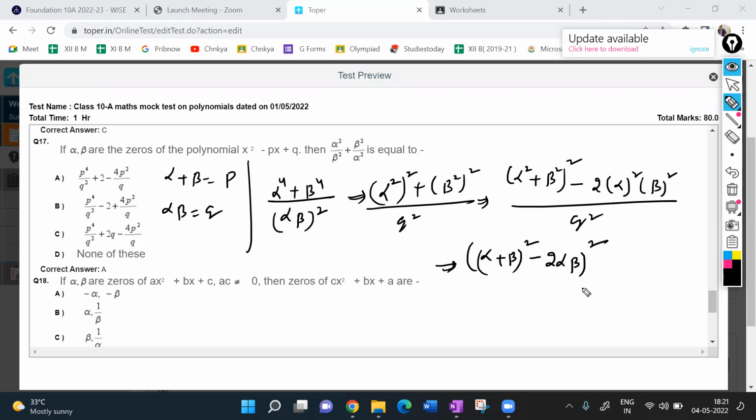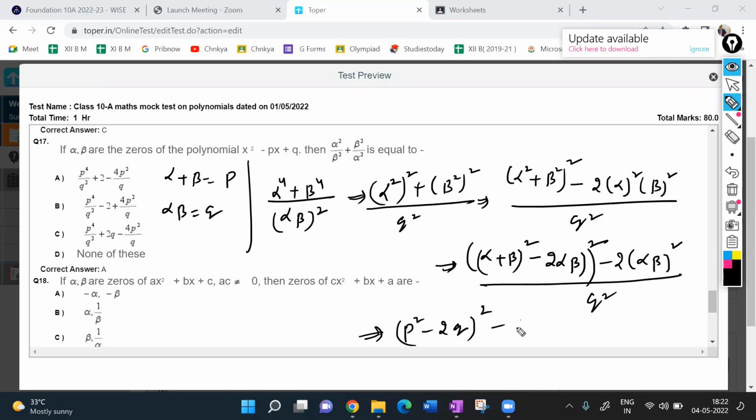minus 2 times alpha beta whole square. Okay? Minus 2 times alpha beta whole square, whole divided by Q square. Look at this here: alpha plus beta value is P, so P square minus 2Q whole square minus 2 times, directly write, 2Q square, divided by Q square. Okay.